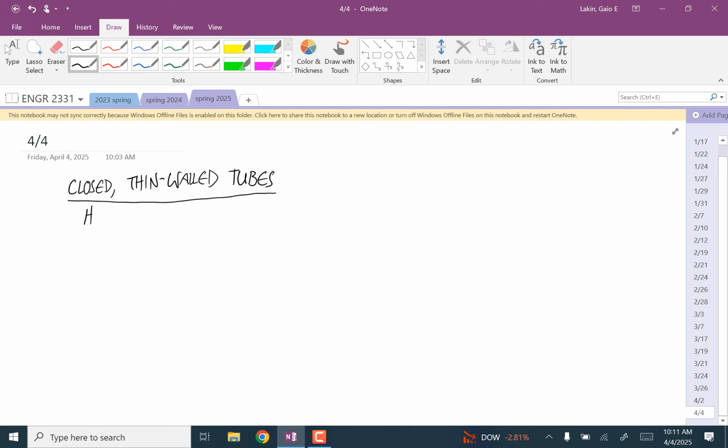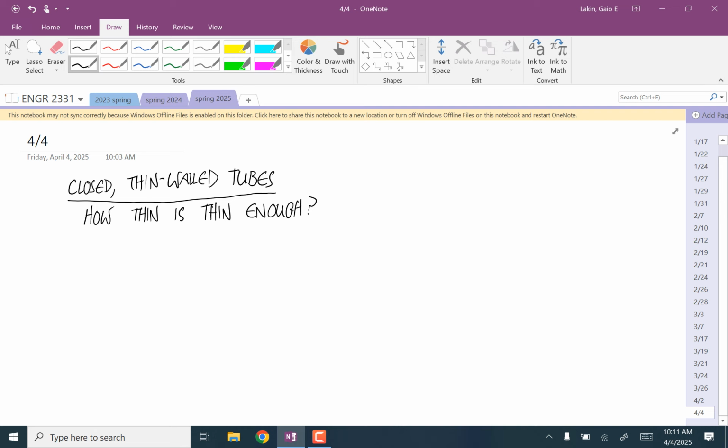How thin is thin enough? The long answer is there's no clean answer for it really. It's just a matter of how much precision you need.